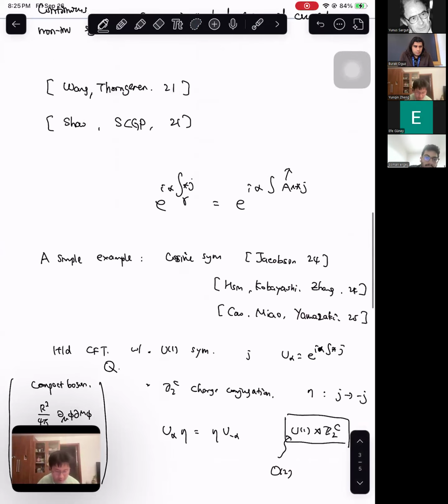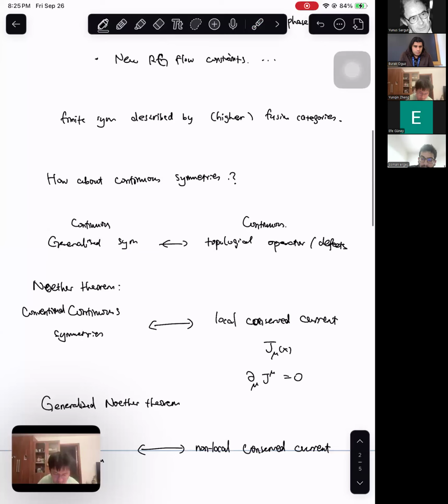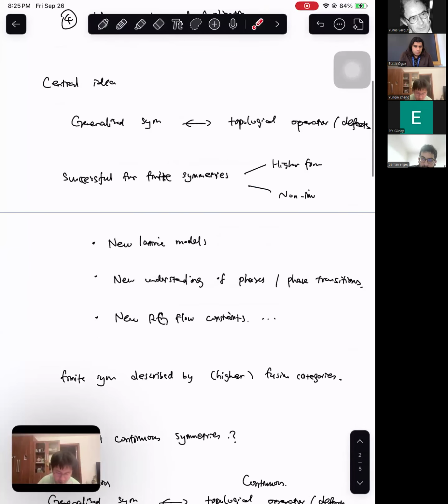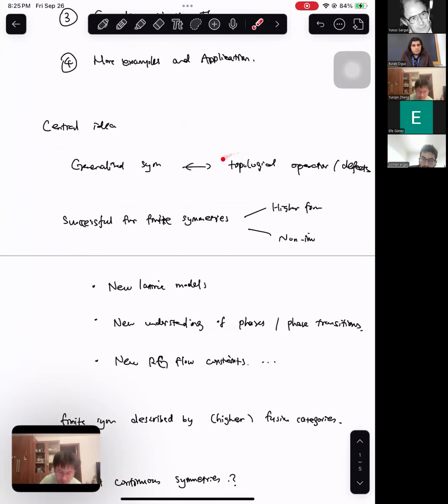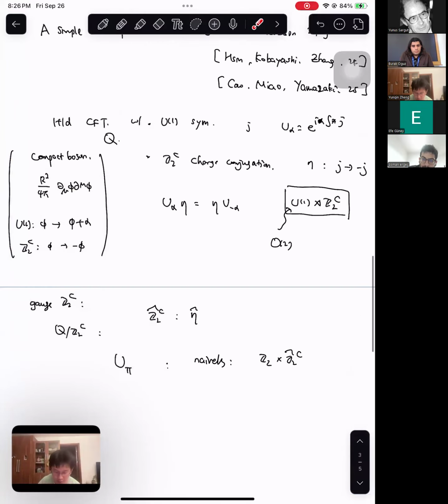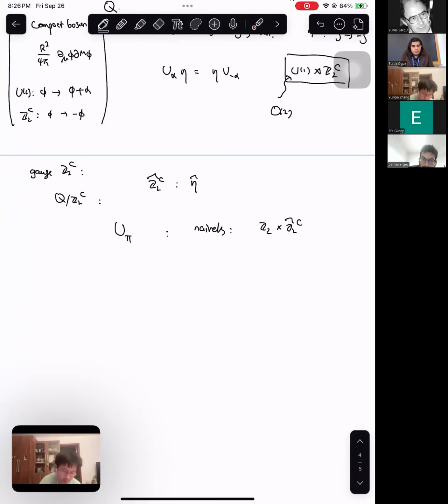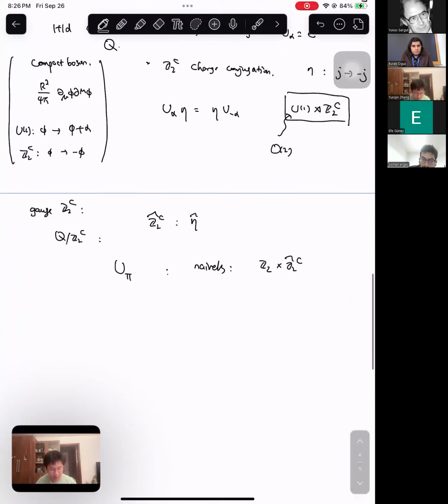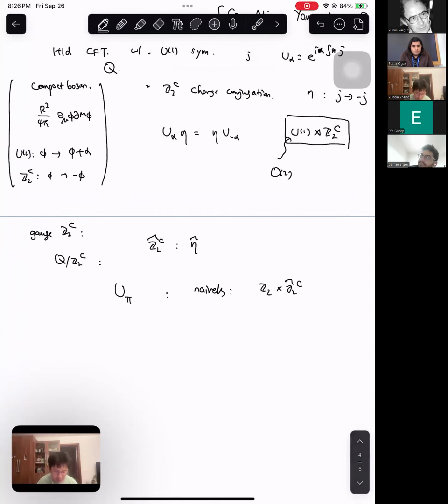But as we said in the beginning, we should really consider all possible topological operators as symmetries. Namely, we should not just look for unitary operators, but also possibly non-unitary operators. So what are the non-unitary operators that still commute with the charge conjugation? Well, we can look for this combination, N alpha equals U alpha plus U minus alpha.